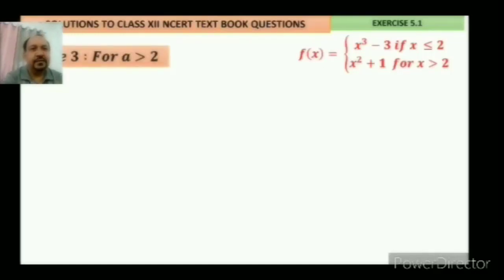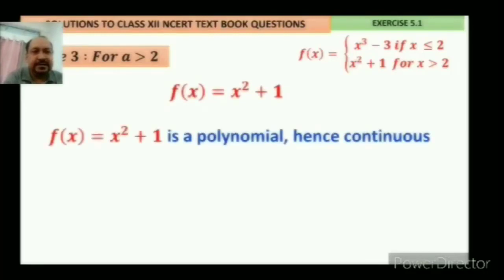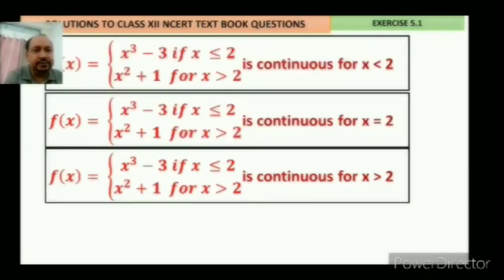Case 3, for a greater than 2, f of x is x square plus 1. Since it is a polynomial, hence it is continuous. So the function is continuous for x greater than 2. You can summarize all the conditions.